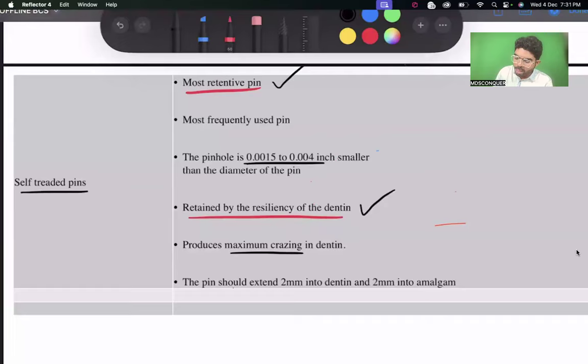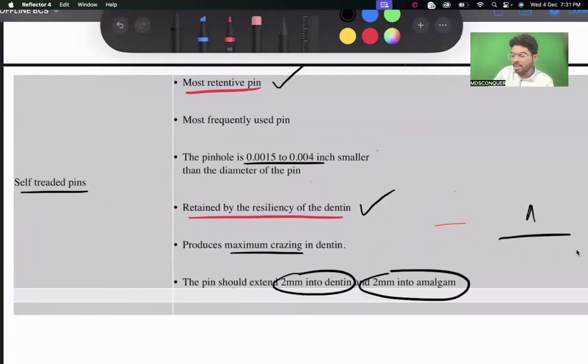The pin should be 2 millimeters into the dentin and 2 millimeters into the amalgam. Clear? So these are the most retentive pins. As they are more retentive, they get the resiliency property from the dentin, and they cause the maximum micro cracks in the dentin.